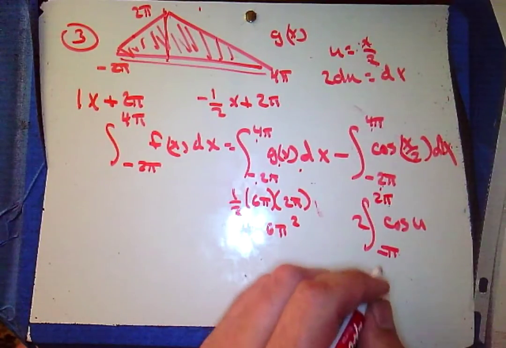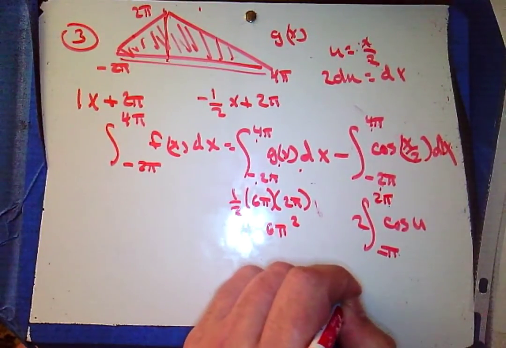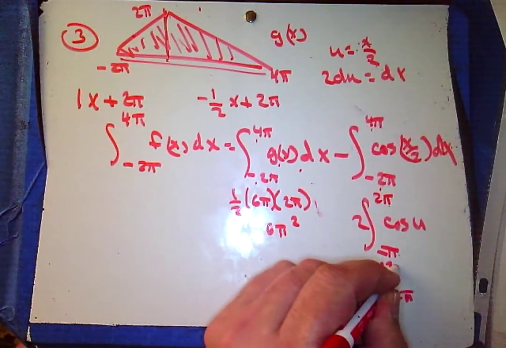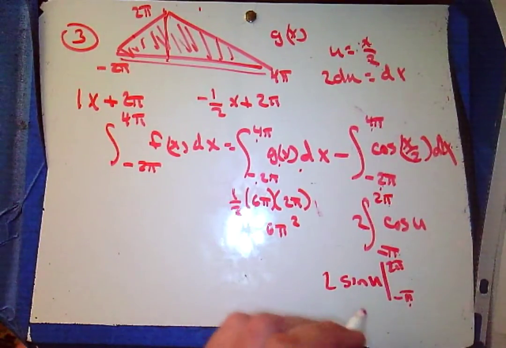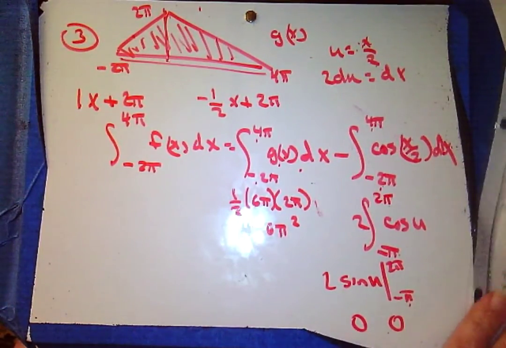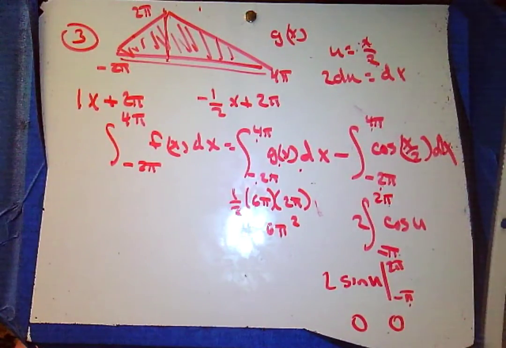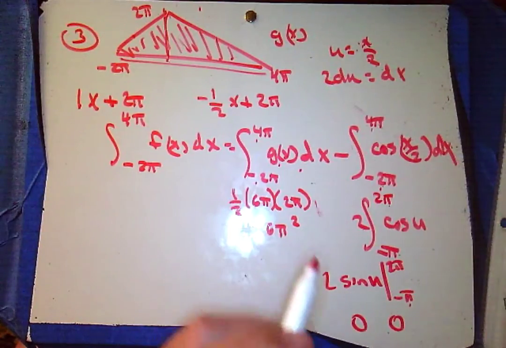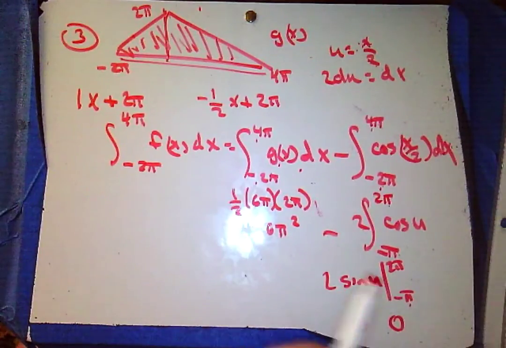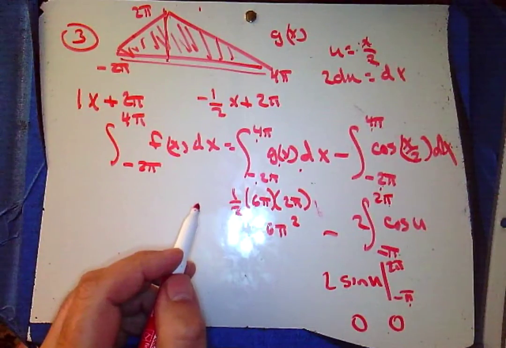The antiderivative of cosine is sine u, evaluated from negative pi to 2 pi. The sine of negative pi is 0, and the sine of 2 pi is 0. So I'm just getting 6 pi squared here. Exactly 6 pi squared, because this turns out to be 0. Okay, so that's part A.